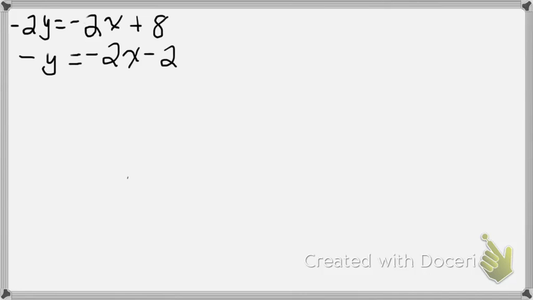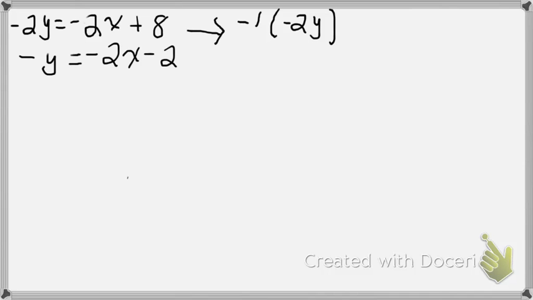Let's take the first equation here and multiply both sides of the equation by negative 1. So I'm just going to draw a little arrow here, and I'm going to multiply the first equation by negative 1. Negative 1 times negative 2y.